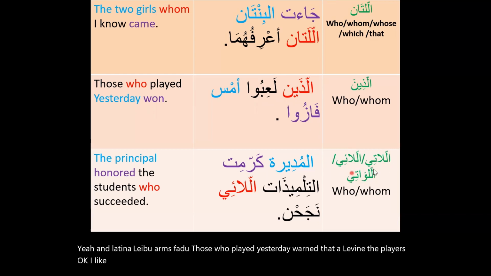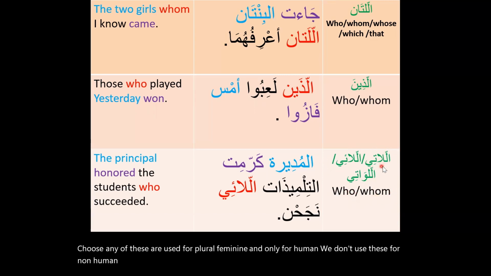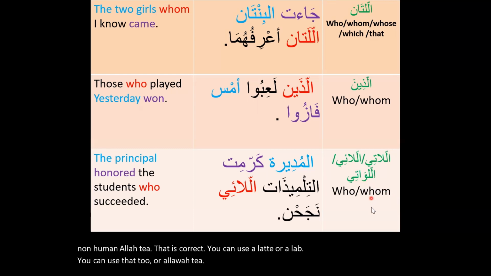Okay, اللاتي, اللائي, اللواتي. So three of these are used for plural feminine and only for human. We don't use these for non-human. Allati, that is correct. You can use allati, or allai, or allawati. Okay, so let's take the example. المديرة كرمت التلميذات اللائي نجحنا.